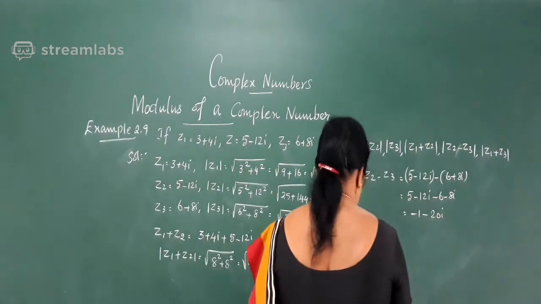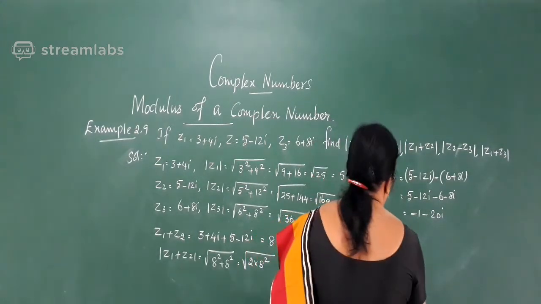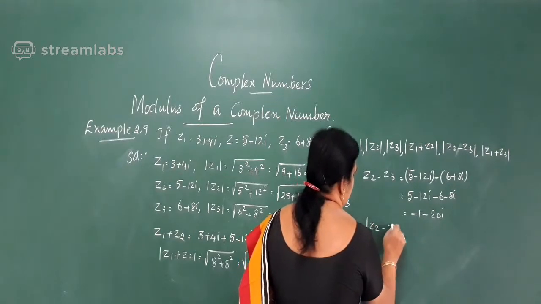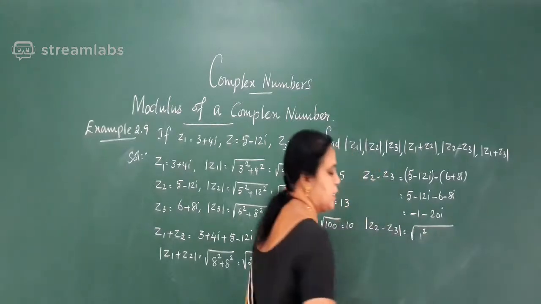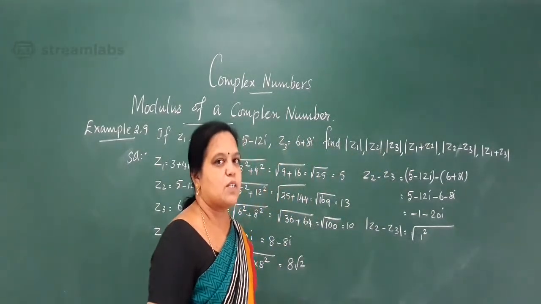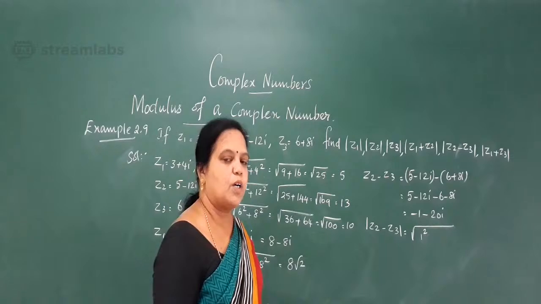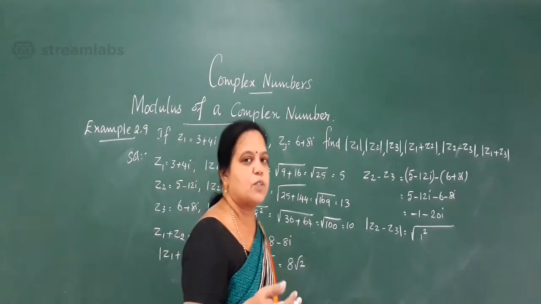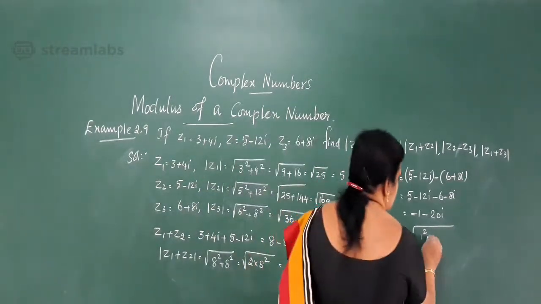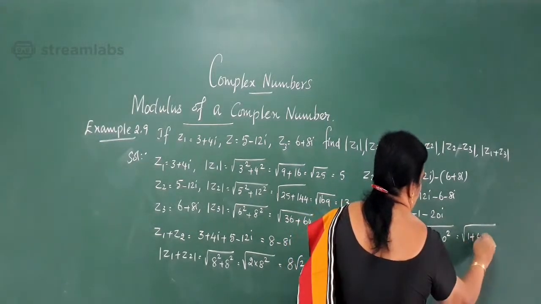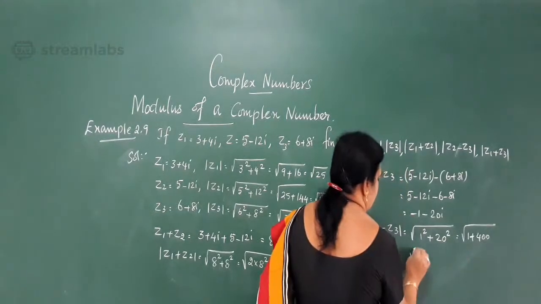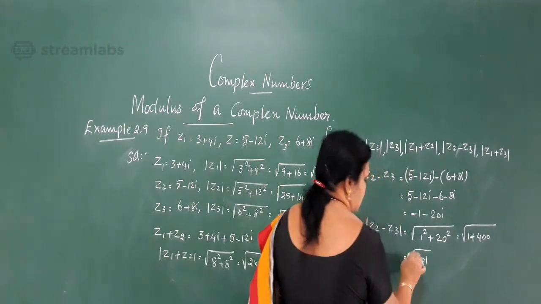Now I am going to find modulus Z2 minus Z3, which is equal to root of, no need to bother about that sign here. Why? Because we are finding the square root of squares, so that minus will become plus. So you just write that number. 1 plus 400, root 401.